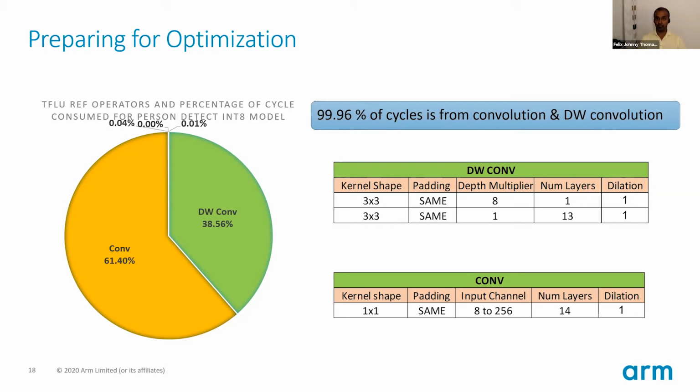So that is fine. And then you move on to convolution, and you see that all the layers, 14 in total, have 1 by 1 convolutions. So this gives us a direction that trying to optimize convolution here would give you the most value for money.